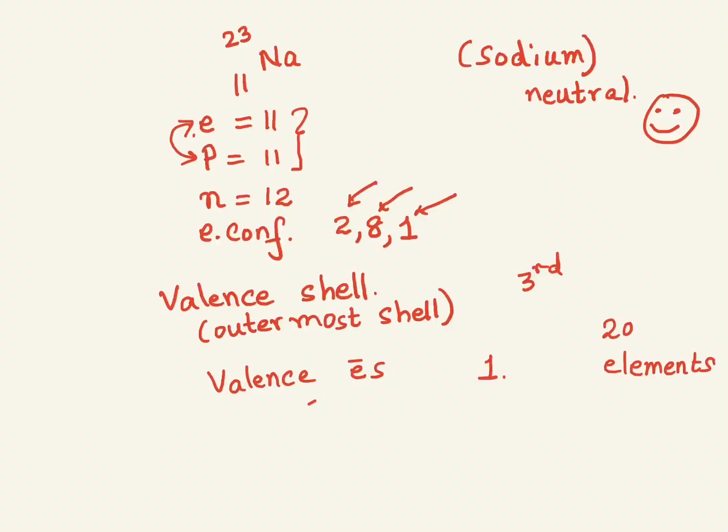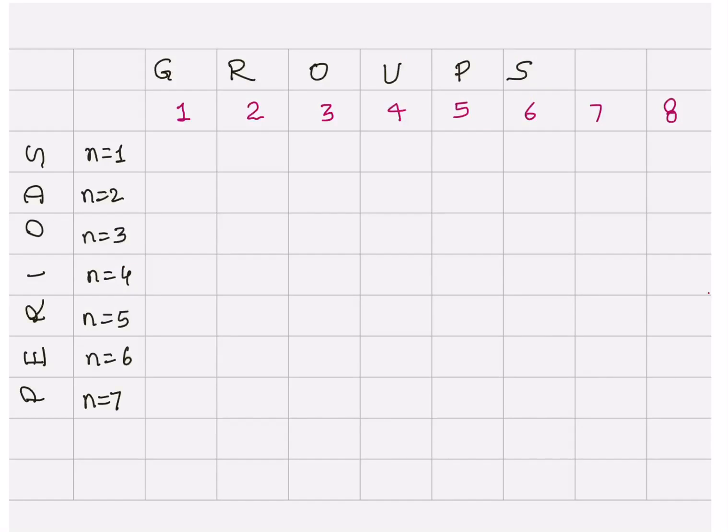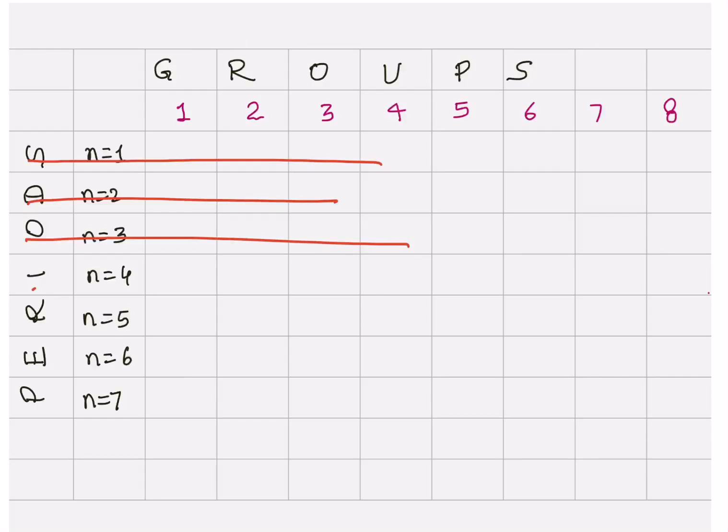Now, when we make the periodic table, of course, if it is a table, it means we need to organize it in a certain manner. And what is that manner? You see over here, we've got horizontal rows which are called periods, right?